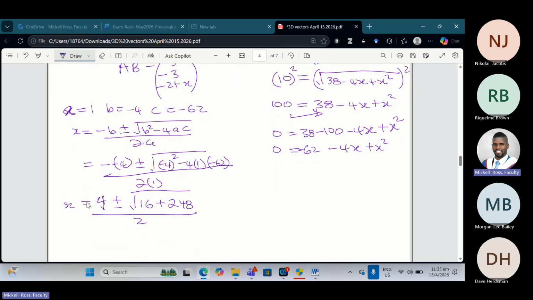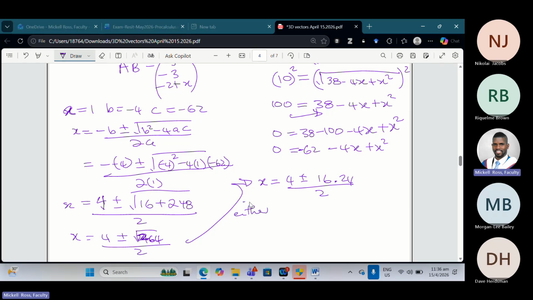Remember, now we're solving for x. So x is going to equal 4 plus or minus the square root of 264, all divided by 2. The square root of 264 is going to give us 16.24. So x is equal to 4 plus or minus 16.24, all divided by 2.